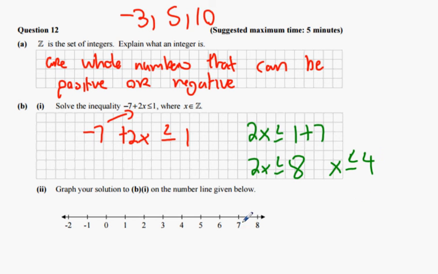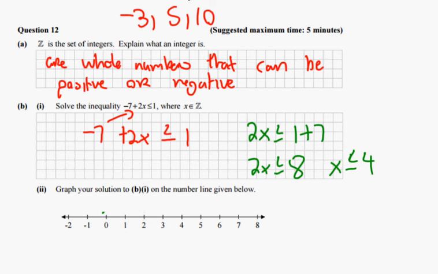8 divided by 2? 4, yeah. What are all the numbers that are smaller than or equal to 4? Shade them in, dot them in. Should I draw a line for this one? Like a shaded line? Why not? No fractions, no decimals.